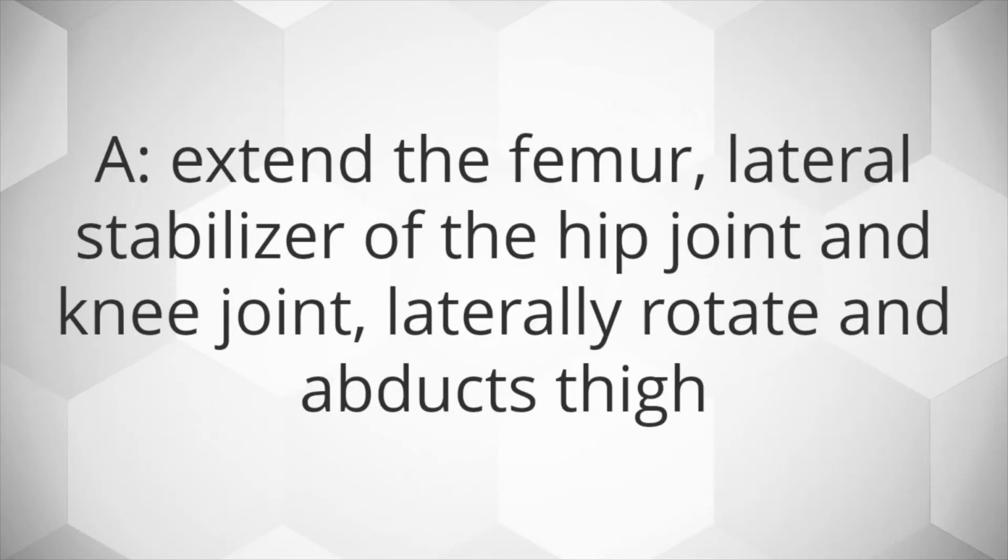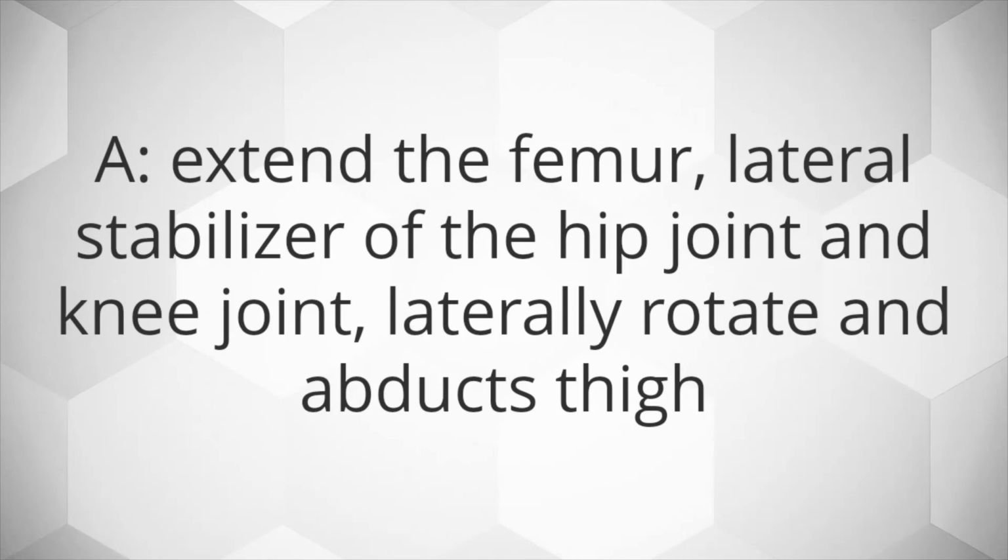The action of the glute max is to extend the femur, laterally stabilize the hip joint and the knee joint, and laterally rotate and abduct the thigh. How does the glute contribute to stabilizing the knee? Well, because a part of the glute max inserts into the IT band, and the IT band travels along the lateral aspect of the thigh and inserts into the lateral aspect of the tibia.